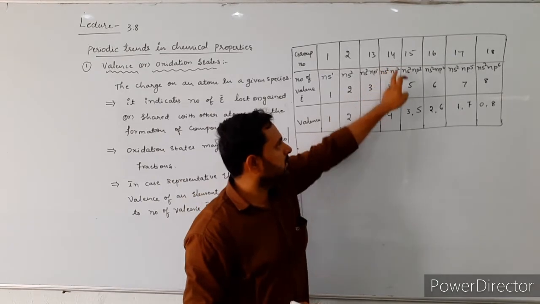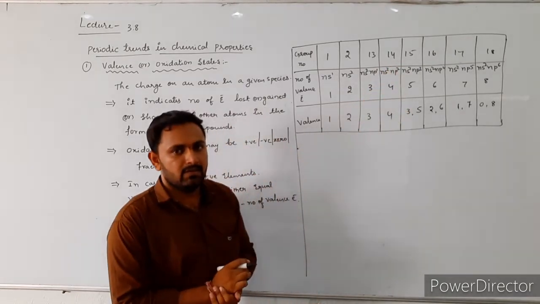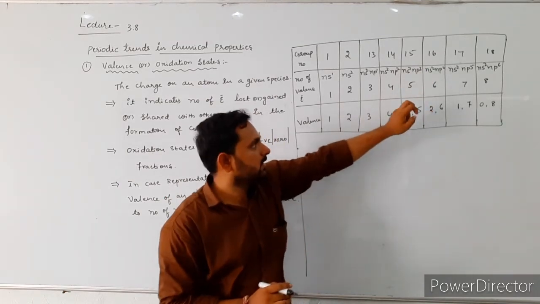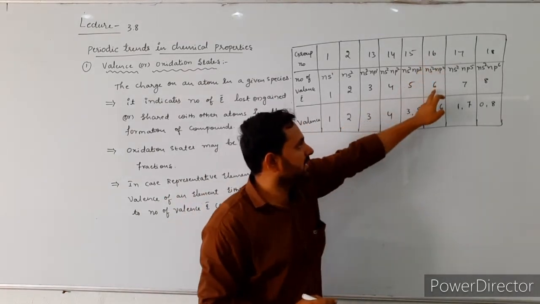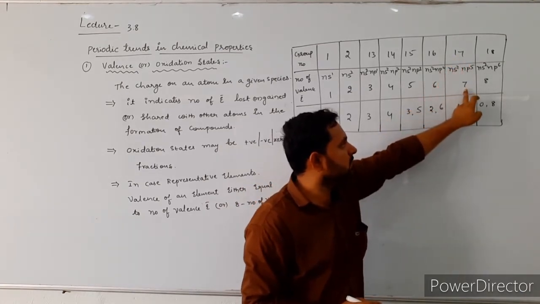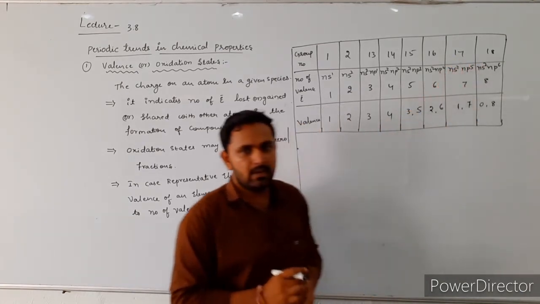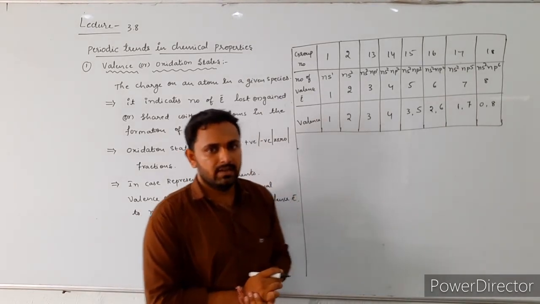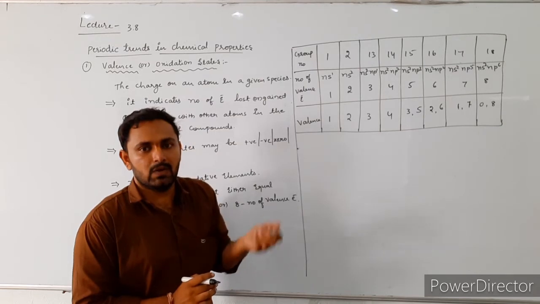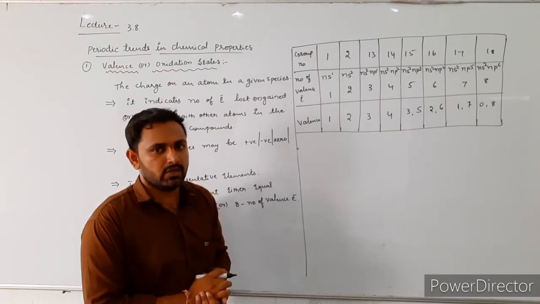In group 14, 4. In group 15, 5. In group 16, 6. In group 17, 7. In group 18, 8. The number of valence electrons means the number of electrons present in the outermost shell.